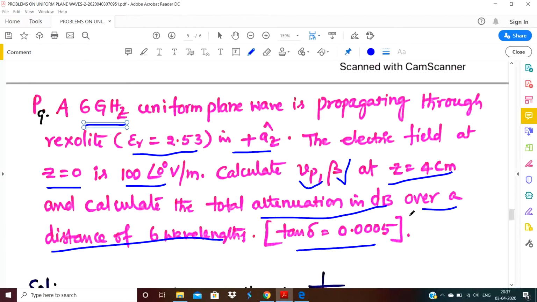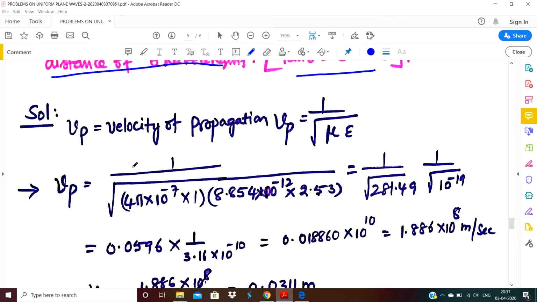Now we have to go for the calculations. Phase velocity, standard format here, Vp equals 1 by square root of mu into epsilon. We have to substitute the values of mu: mu is mu naught into mu r, standard representation. Epsilon is epsilon naught into epsilon r.